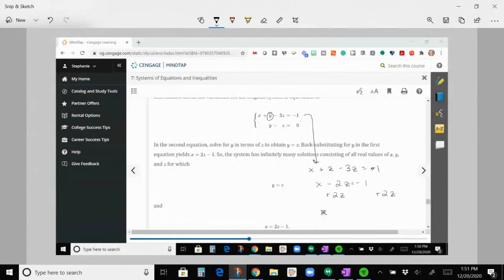I was keeping the y in there. Yeah, so we're replacing it with z, so that we have something with just z. It's a substitution, essentially. And then that's how we get negative 1 plus 2z, or you can write it as 2z minus 1. Okay. Thank you. You're welcome.